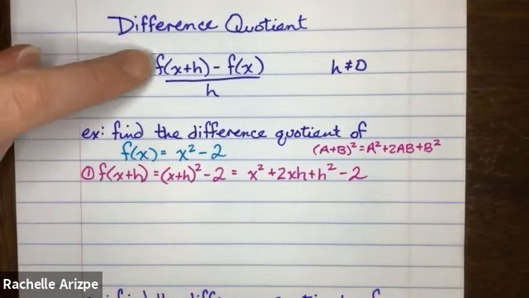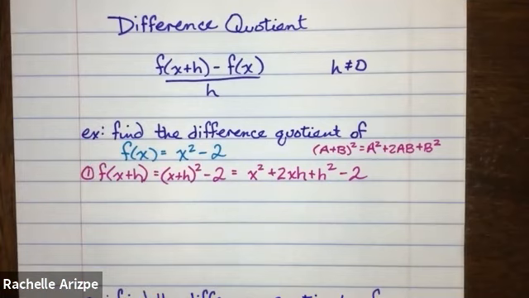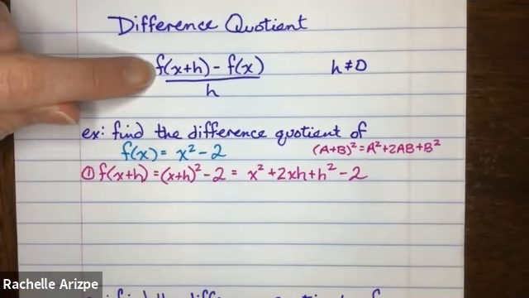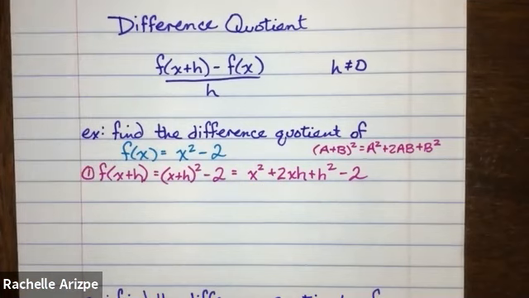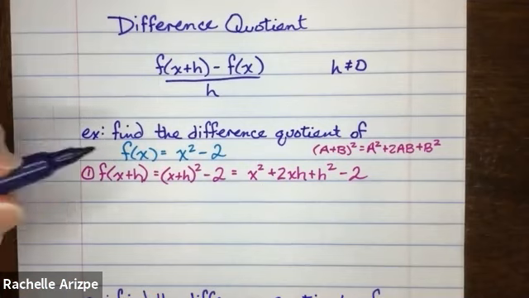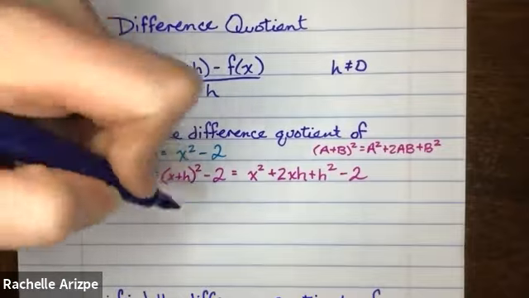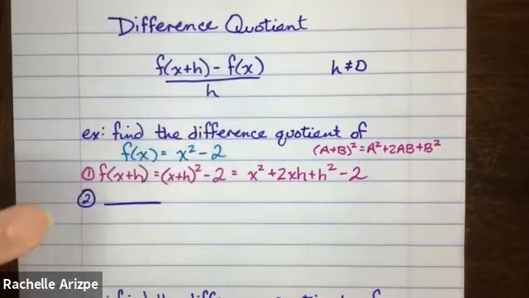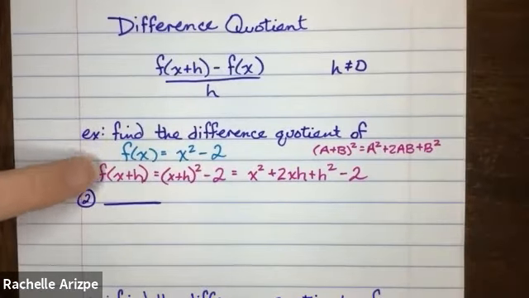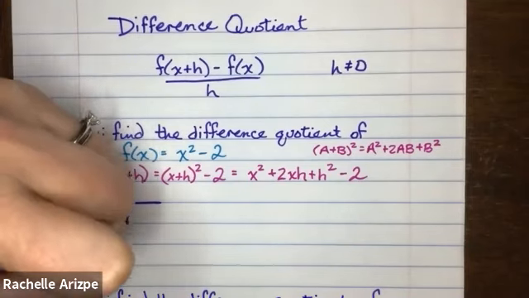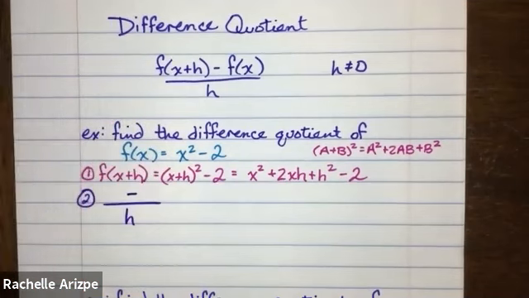So now it's time to move on to plugging in f of x plus h and f of x to the difference quotient. So I'm going to start by writing my difference quotient, but I'm going to use the colors of f of x and f of x plus h that I used here, just to help us to see what goes where.